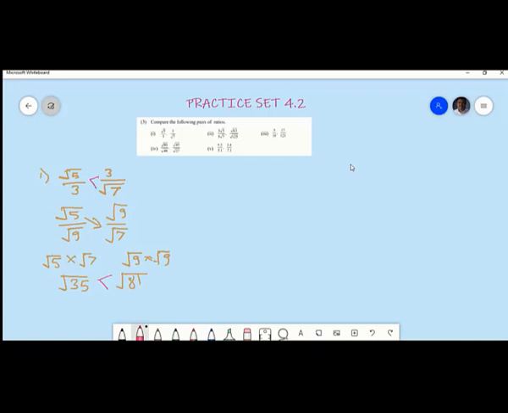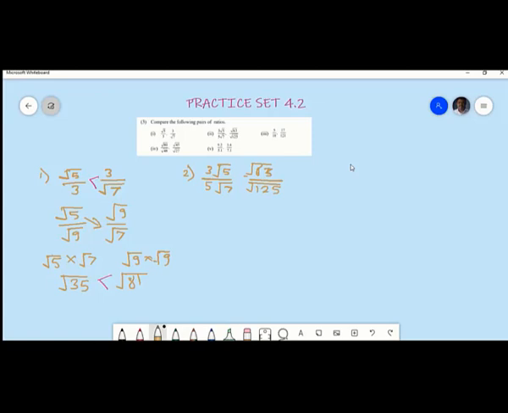Then second example. 3 root 5 upon 5 root 7 and root 63 upon root 125. These are mixed surds and these are simple surds.